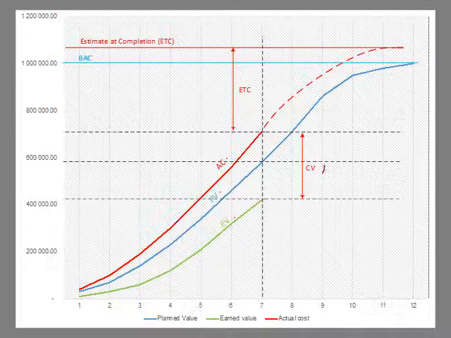What is your cost variance? Are you within your cost variance parameters? And then if you draw a line between your earned value and your planned value, you can actually see how far behind you are.